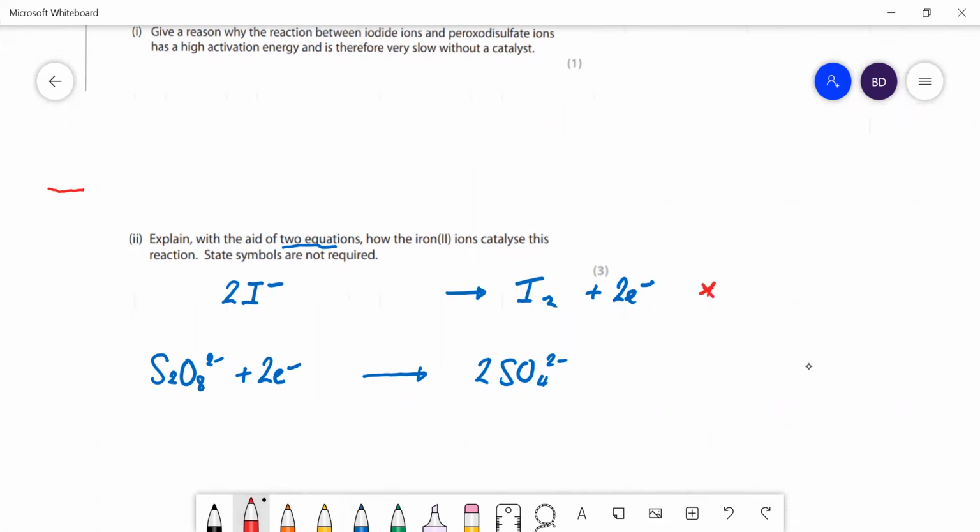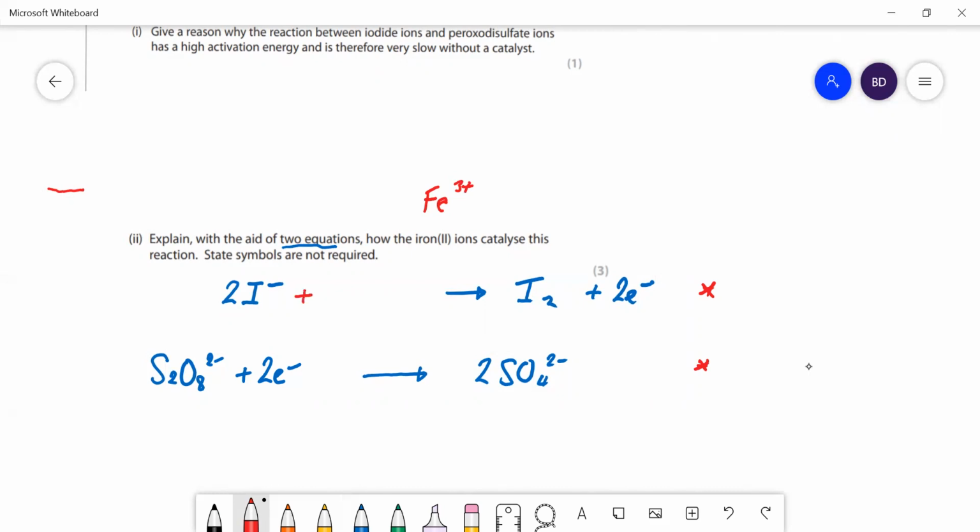In this one, the iodide ions are losing electrons, and in this one, the peroxodisulfate ions are gaining 2 electrons. Instead of the iodide giving them directly to the peroxodisulfate, it's going to give them to 2 Fe³⁺ ions. If you give an Fe³⁺ ion an electron, you'll turn it into an Fe²⁺ ion.